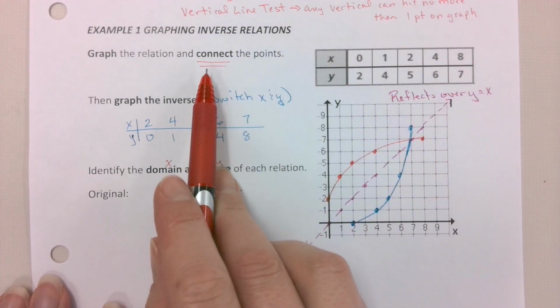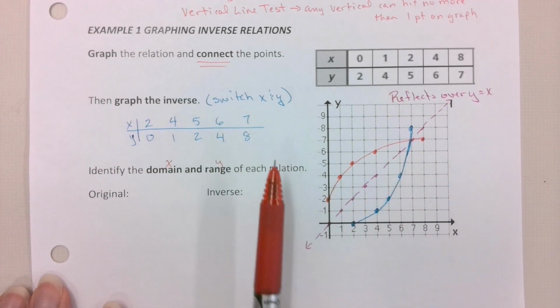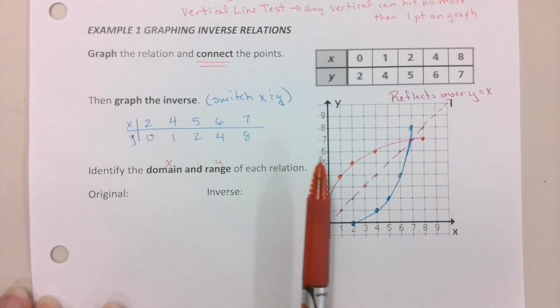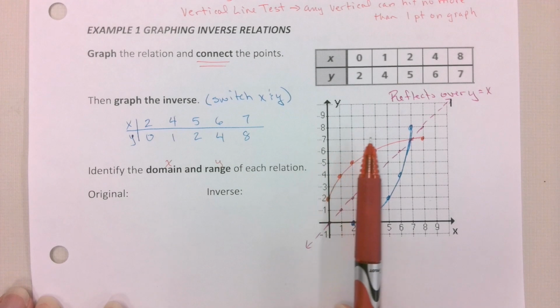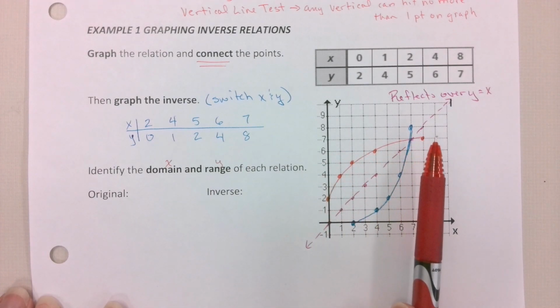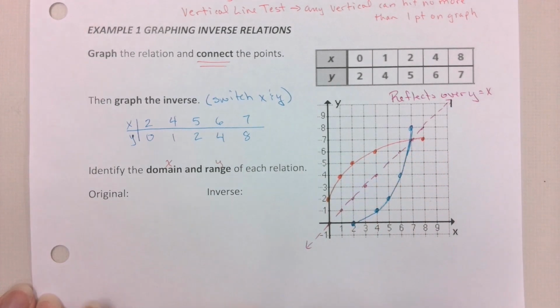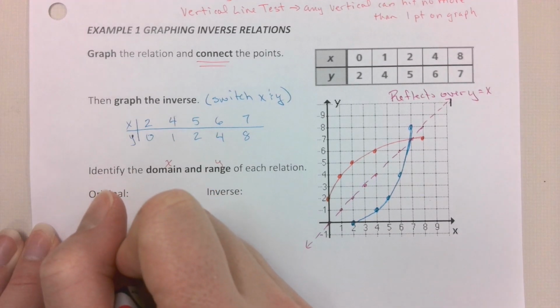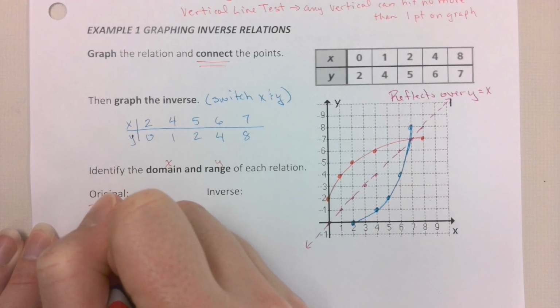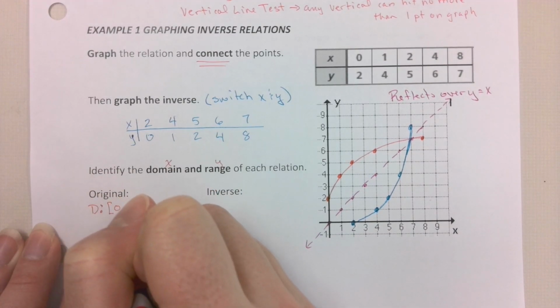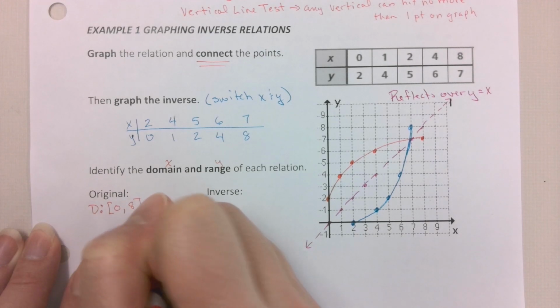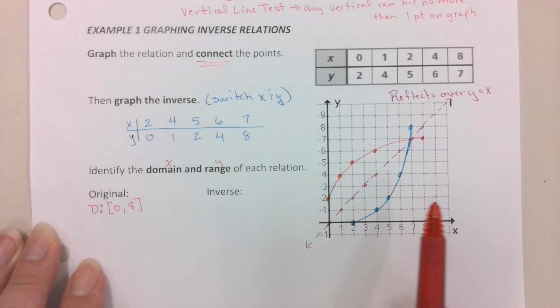But since the directions told you to connect the points, it actually starts at 0. If we scan the x-axis, my domain starts at 0, and the last place my red line stops is right here at 8. So in interval notation, the domain would be 0 with a bracket to 8, because both the 0 and 8 are included.